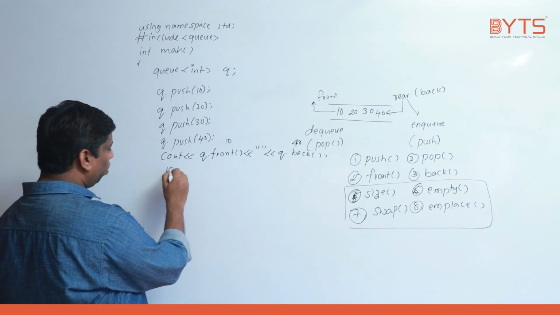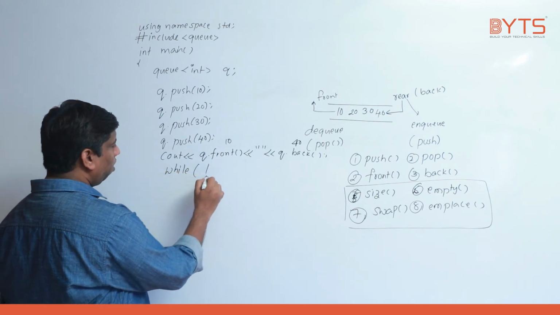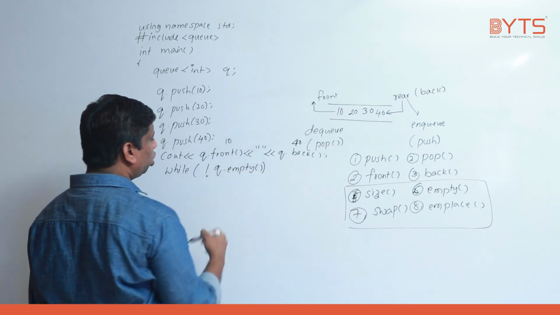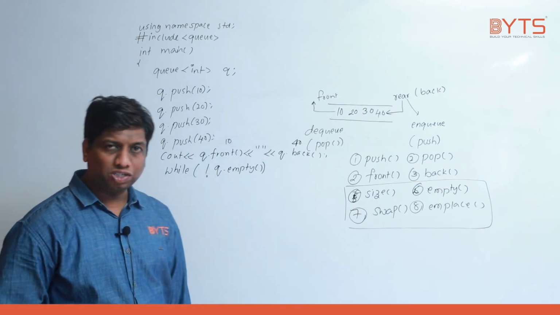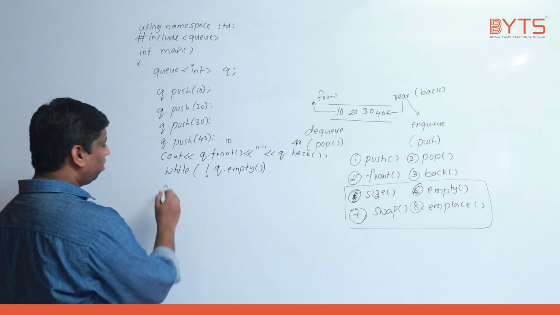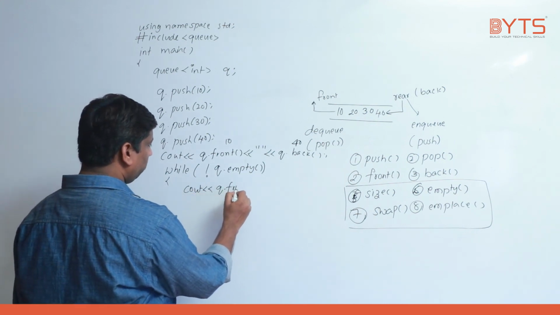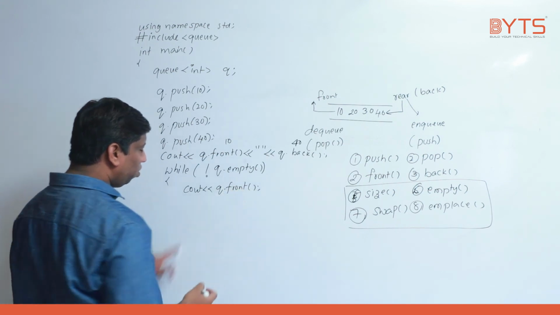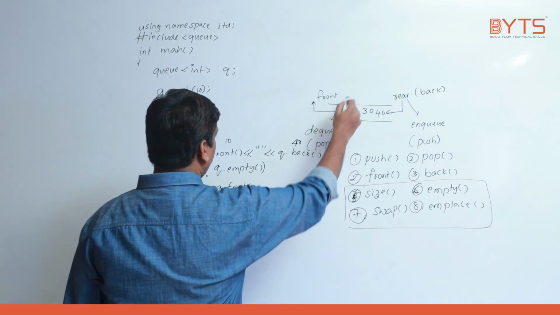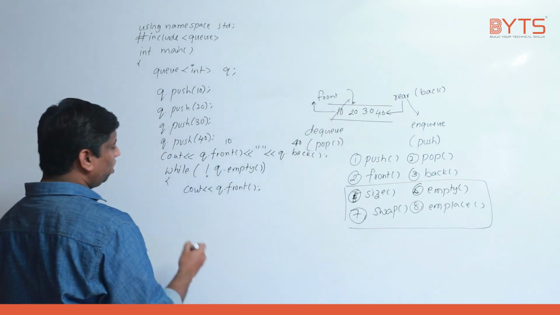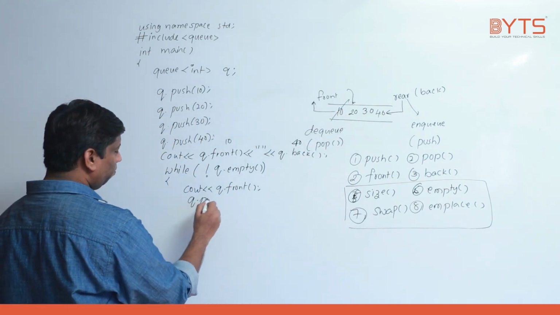If I want to print all the elements, how do you print it? Same thing: while not q dot empty. Whichever element came first, I need to delete that, so cout q dot front. Whenever you write q dot front, 10 is coming, not deleted. If you want to delete that, q dot pop.